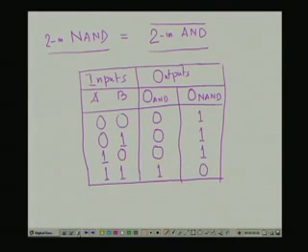Similarly, I can get the NOR, because my 2 input NOR is nothing but the 2 input OR complemented.